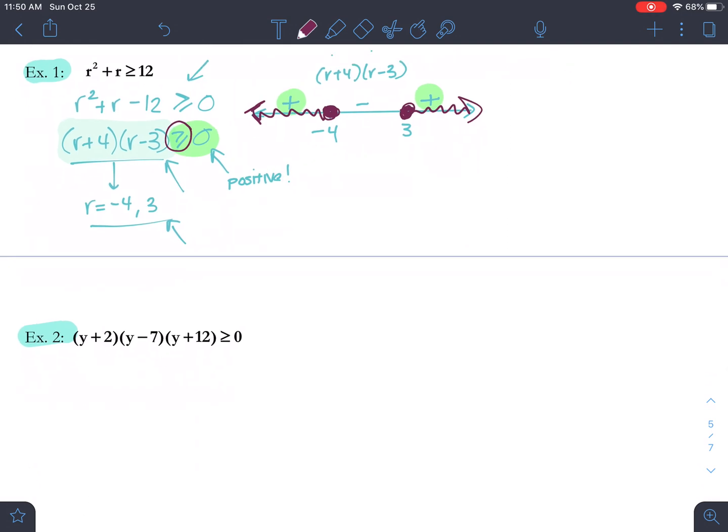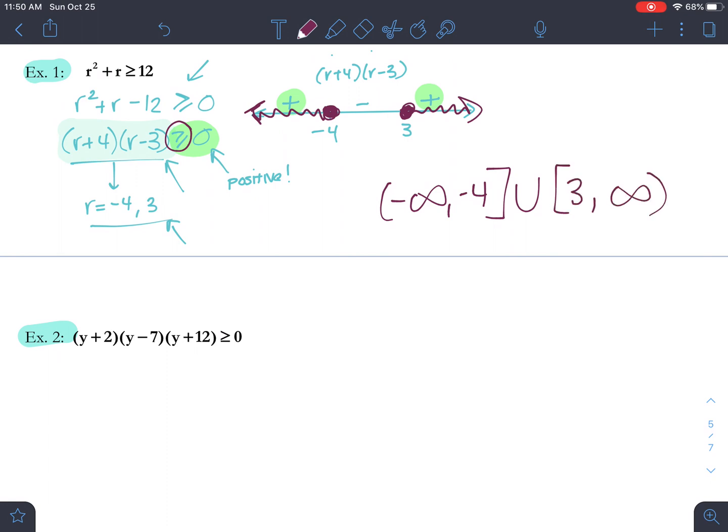So if I were to write this out, we know how to write this. This is negative infinity up to -4. Oh, sorry, that should be a bracket because it's a closed circle. If you have more than one interval filled in, we're going to use this symbol called a union. Think of it like united with, union, bracket 3 to infinity.